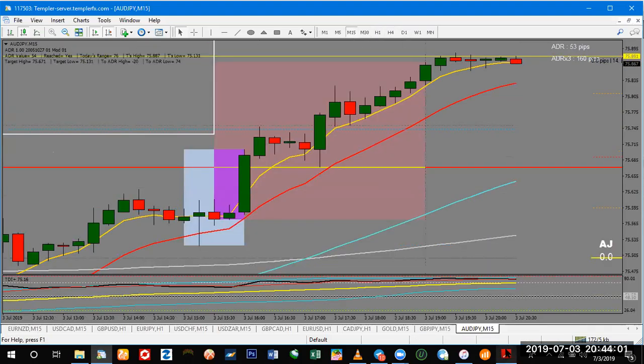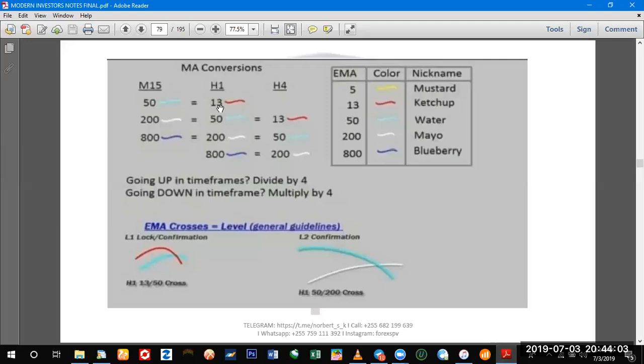So the 13 EMA in hour 1 is the same as in the 15 minutes. The 13 in hour 4 is the same as the 50 in hour 1, which is the same as the 200. So the EMA crosses, this is the first thing that you should look for.